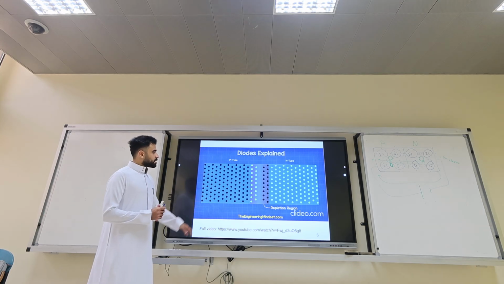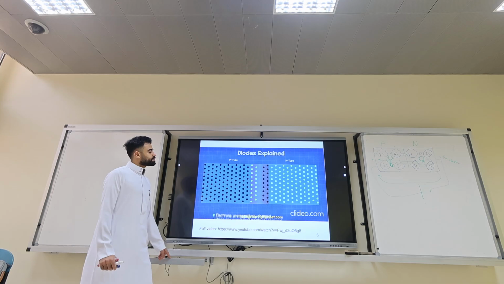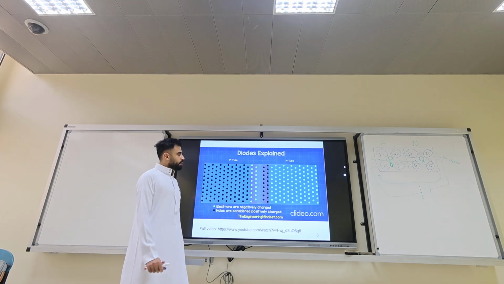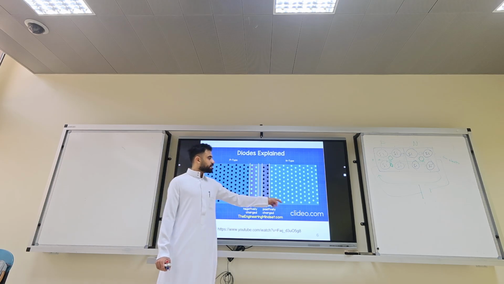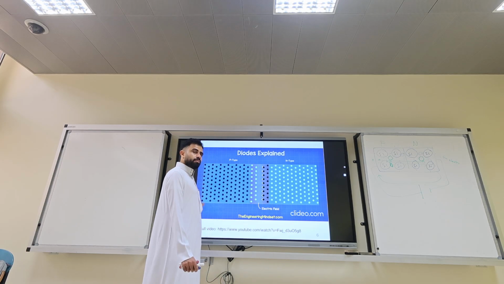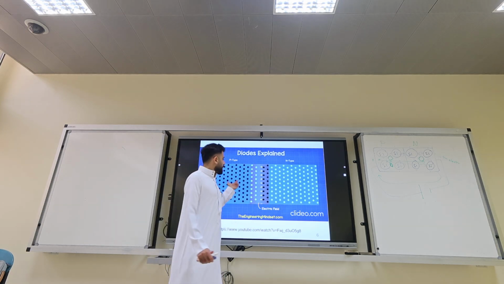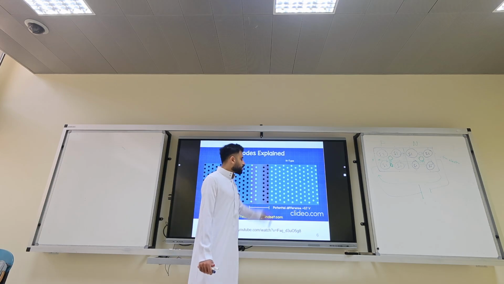So, as I told you, the depletion region, is it moving? Yeah, it's moving. So when we apply positive here and negative here, the electrons will be swimming. When the electrons swim, electric current will move as the holes are moving, okay?